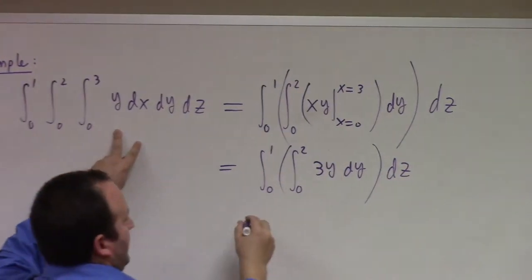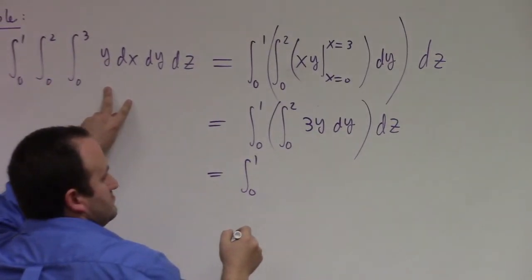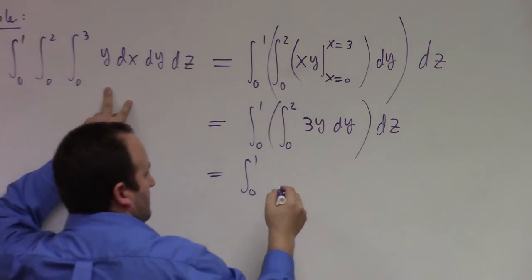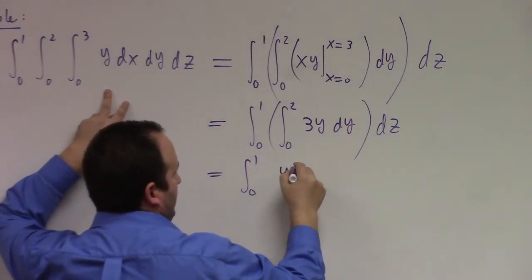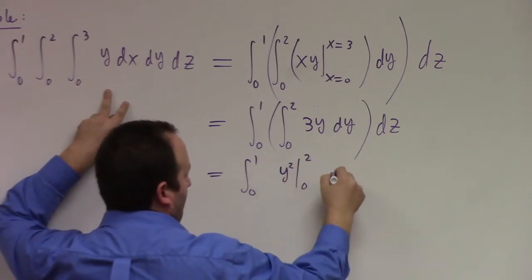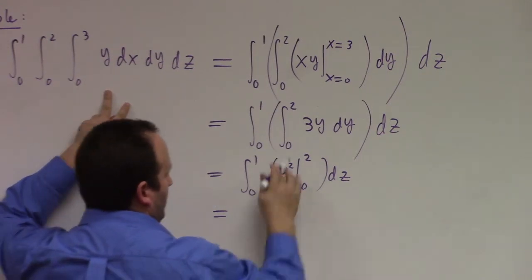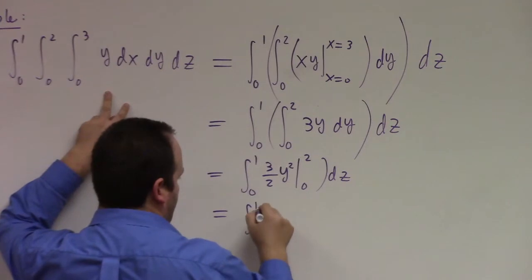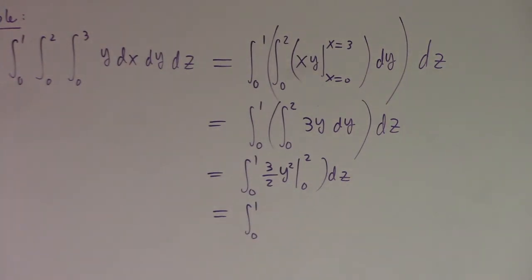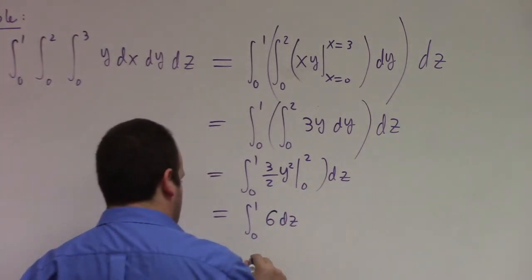What's the integral of 3y dy? y squared over 2, evaluated from 0 to 2, which is 6. All right, so 6 dz.